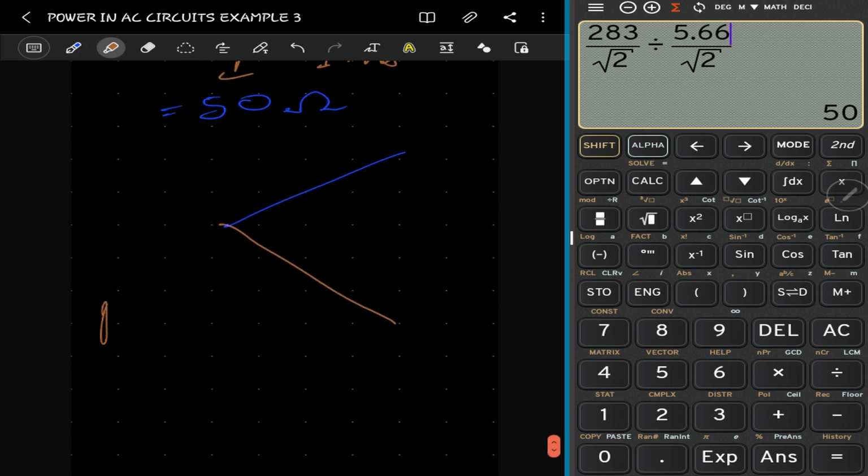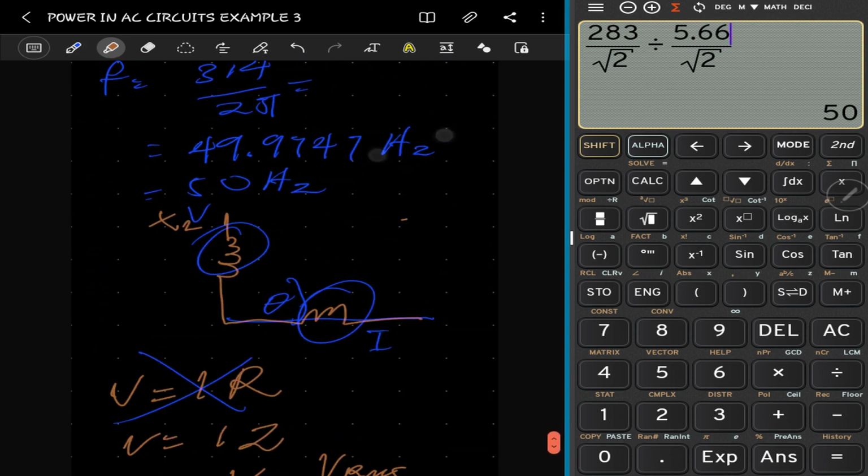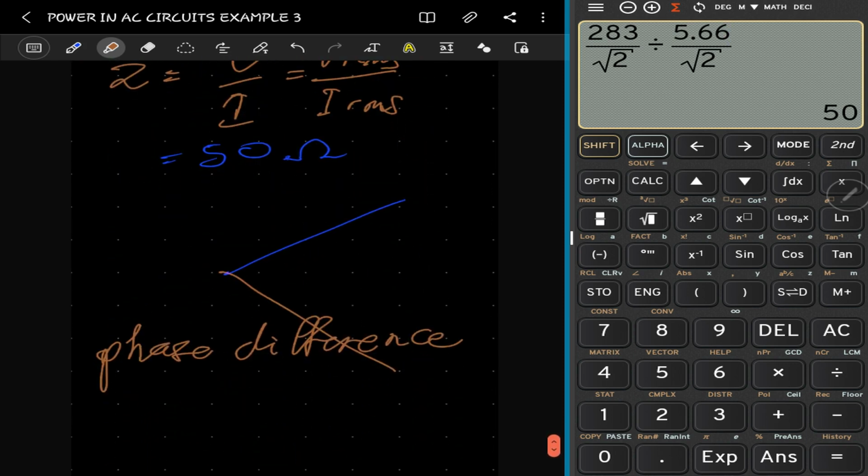So the phase difference will be equal to, because it's an inductor and resistor, the voltage will be here, the one leading, and the current will be here, right?